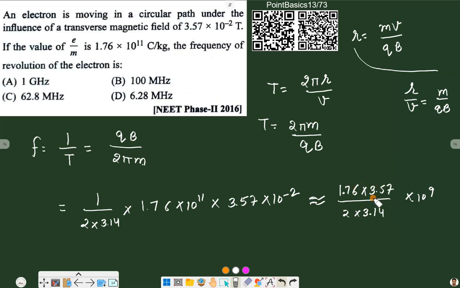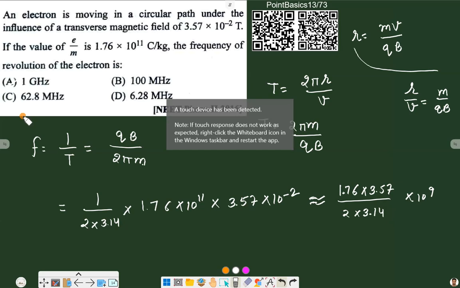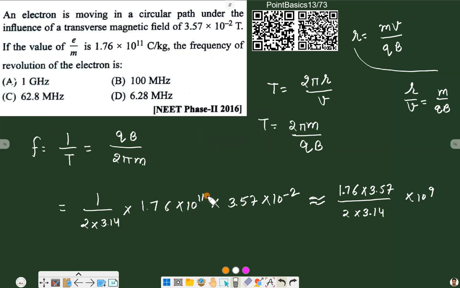So this whole term will give us a value greater than or comparable to 1, and we have here 10 raised to power 9, and 10 raised to power 9 lies in gigahertz, and all our other options are in megahertz, so in 10 raised to power 6, but we are getting it in the order of 10 raised to power 9. So our answer will be option A, 1 gigahertz.